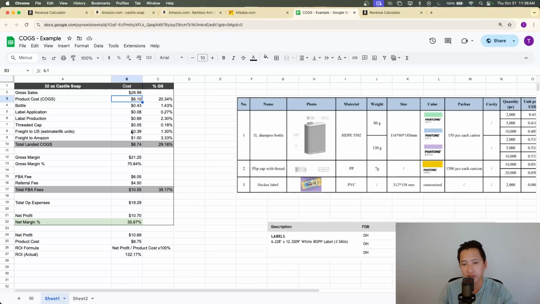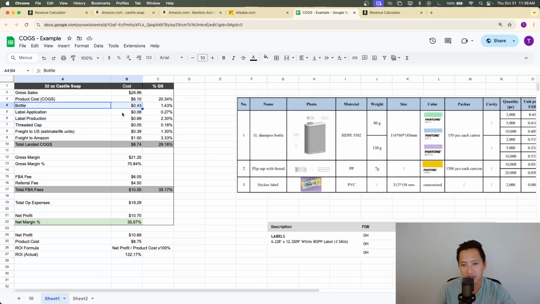So if you're manufacturing a soap, you want to talk to your supplier and understand how much it is actually going to cost me all up for you to fill this bottle with the product that I have. So this is a number directly given to you, and you want to save it, make sure you have it. That's your product cost. Other variables, and again, this is a real life example, so you're going through exactly what we do for one of our brands.